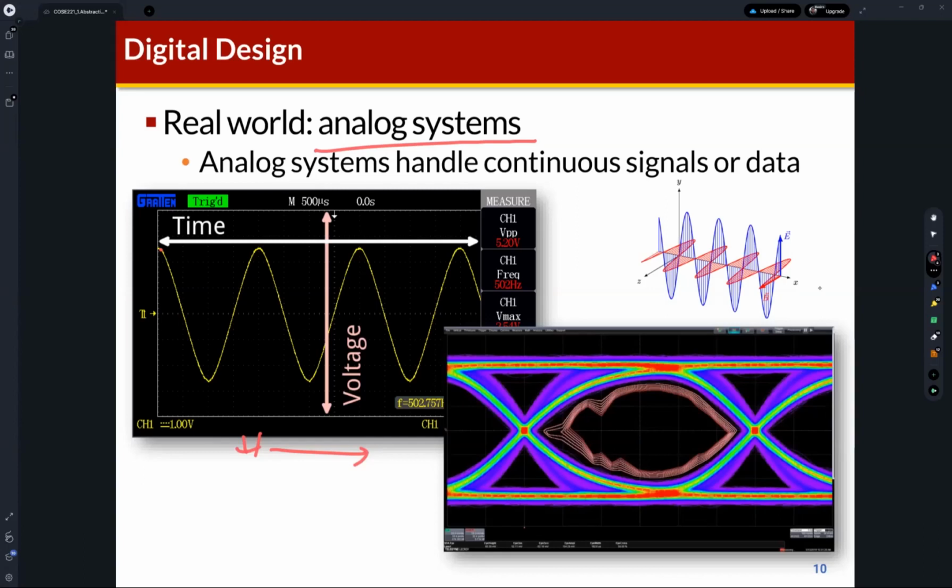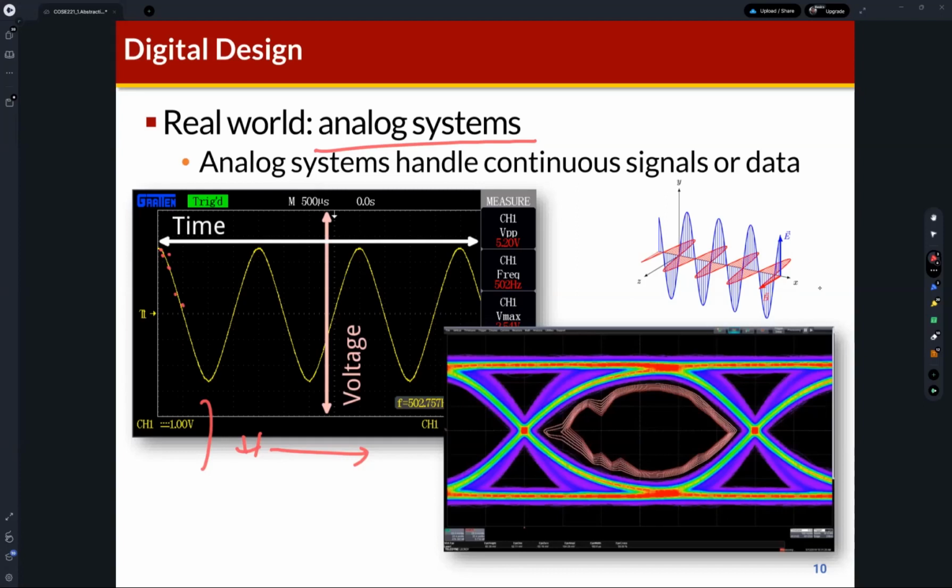And as you can observe, these voltage levels are continuously changing. That is the property of an analog signal. Every data and every signal we can observe in our real world is an analog signal.